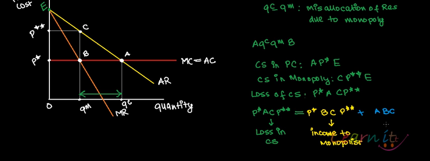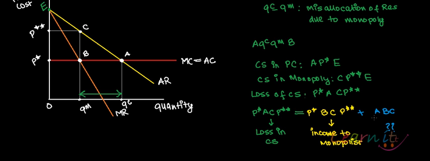The question is, what about this area ABC? This area is neither going to the consumer, because this consumer surplus has already been extracted, nor is it going to the monopolist. So it means that this area is a complete loss to society. Earlier, some part was given at least to someone. This part is a loss in consumer surplus, but it is also going to the monopolist. Somebody is benefiting in society.